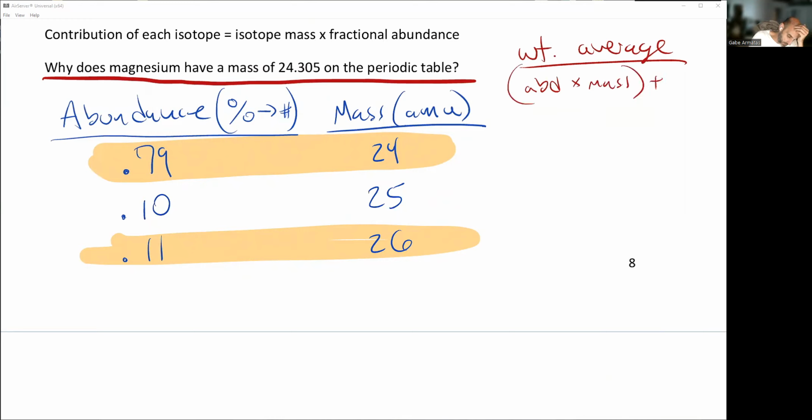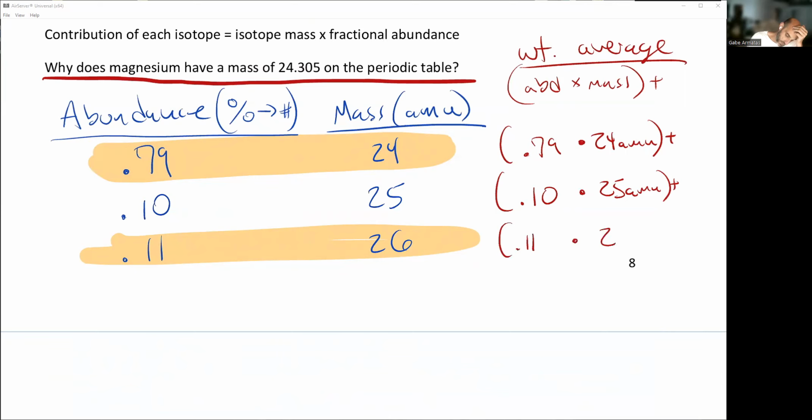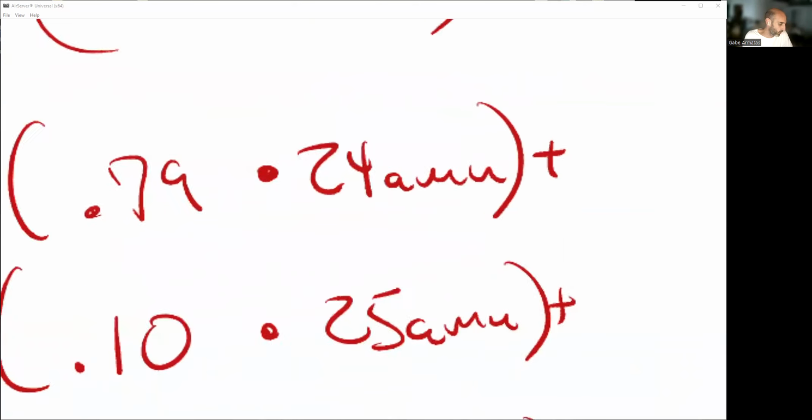So I'm going to take the abundance of 0.79 times the mass of 24 AMU, plus the 10% that is coming from 25 atomic mass units, plus the 11% from 26 atomic mass units. When we do this math, we figure out exactly what we've got.